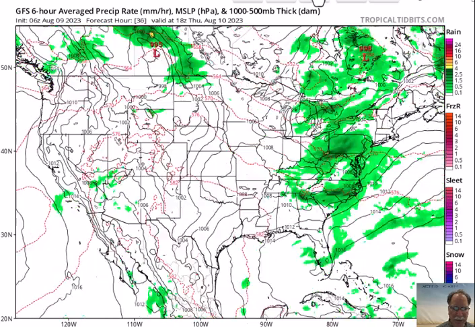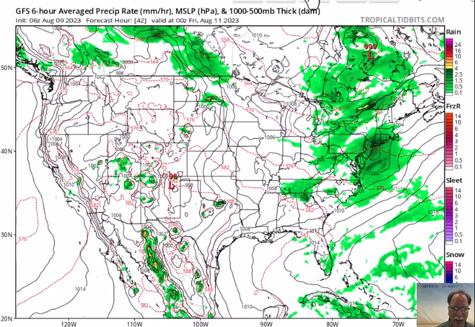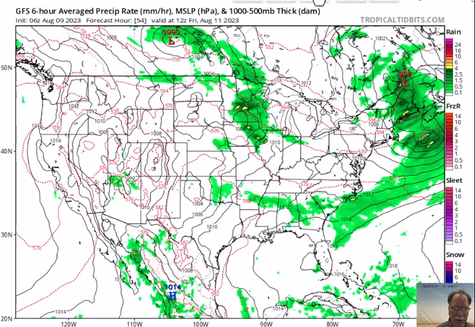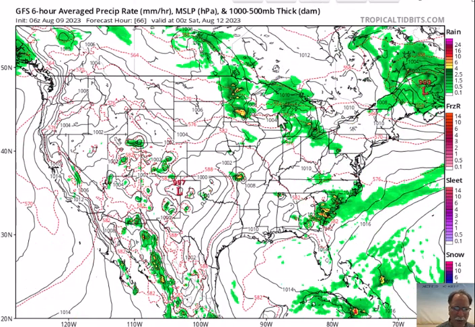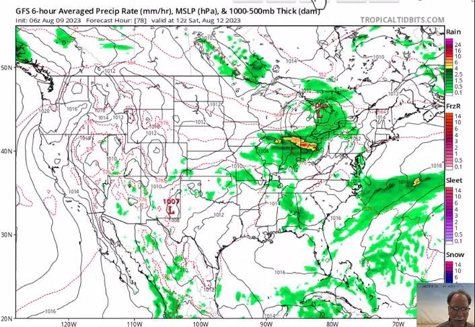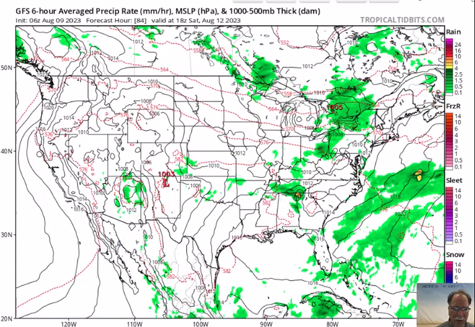That slides eastward right into the middle Atlantic region for later tomorrow. The threat of showers and thunderstorms later tomorrow night: D.C., Philadelphia, New York City, the rest of the middle Atlantic region, and the southern part of New England as well. Then a dry day on Friday, a weak system early in the weekend heads to the northeastern states.